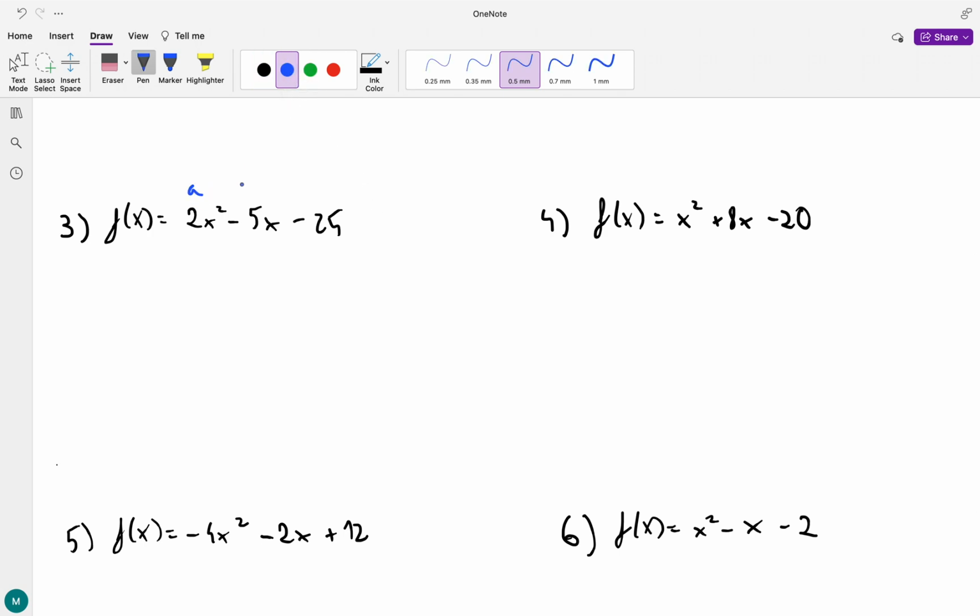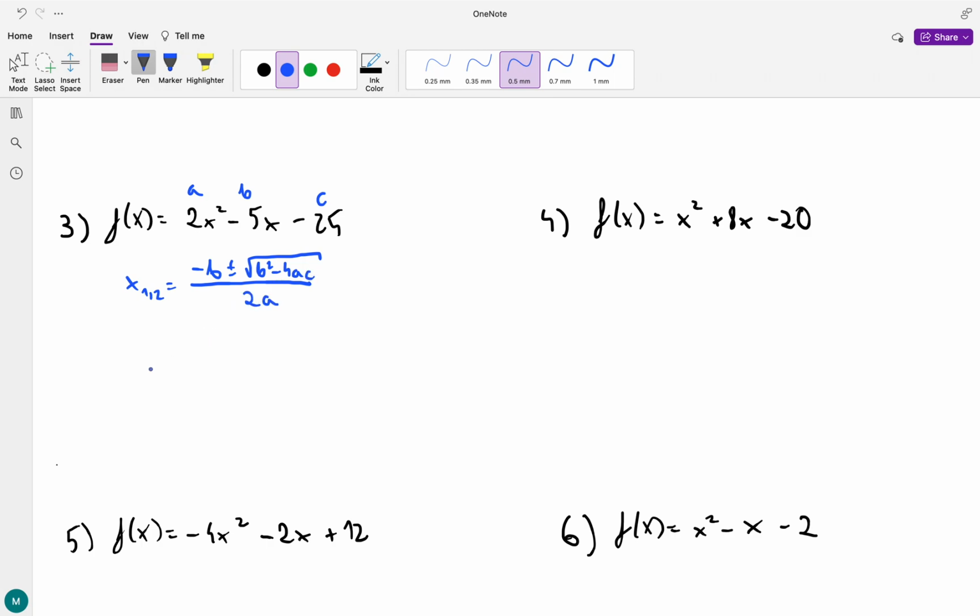So this is our A, this is our B, and this is our C. So once again, quadratic formula is x1, 2 equal to big fraction, -b plus minus square root of b squared minus 4 times a times c divided by 2a.